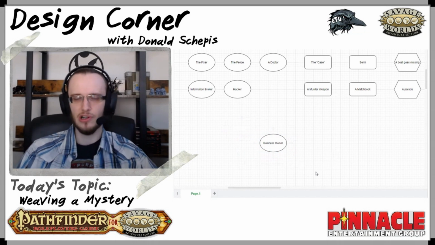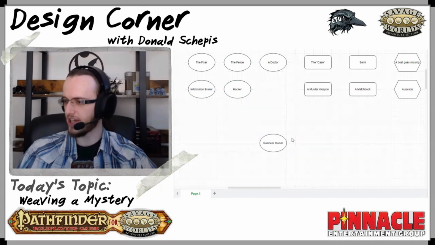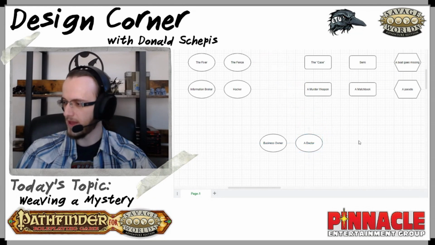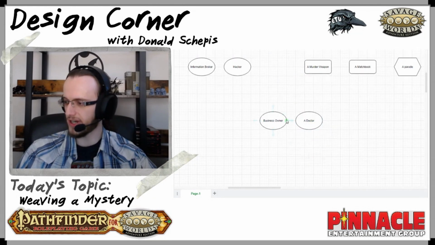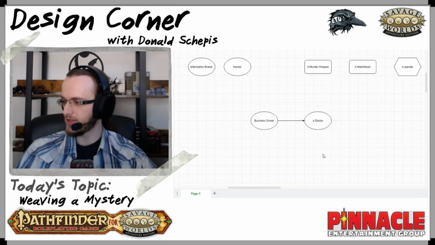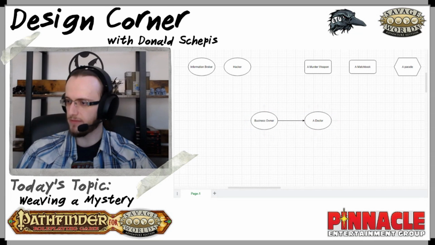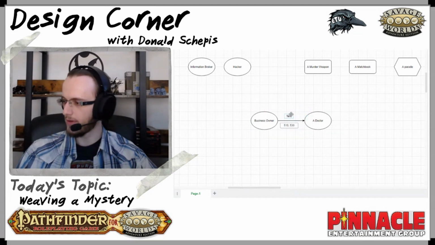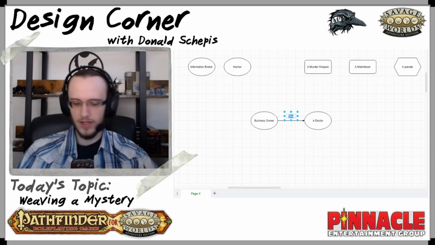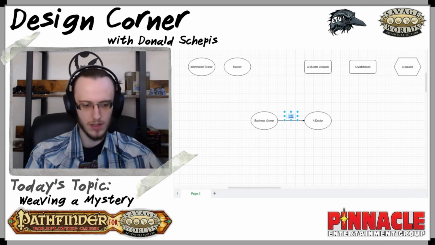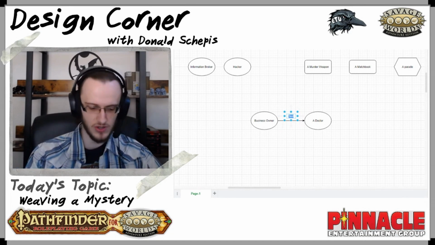So our business owner, let's say that they have a connection to the doctor, right? There's a connection between the business owner and the doctor. So what I can do is create a little arrow here, and I'm going to give myself a little bit more space. So we've got the business owner, and we've got this doctor character, and the business owner is a patient.